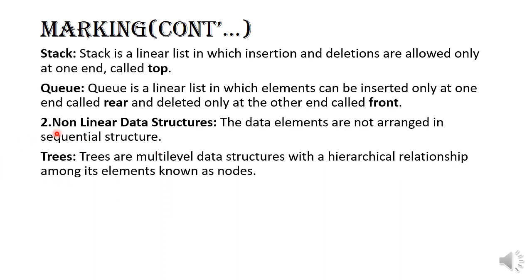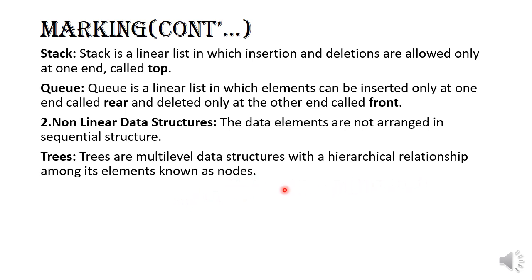A good example of this is a tree. Remember that in a binary tree, for example, we have a parent, which is also considered the root. The root also has many children.